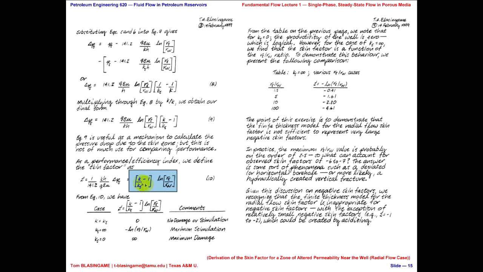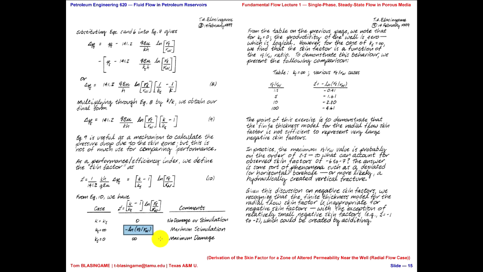So that's K divided by KS minus 1, natural log of Rs over Rw. And so if K is equal to KS, the skin factor is 0. If KS is equal to 0, the skin factor is infinity. If KS is equal to infinity, then the maximum skin factor is negative Rs over Rw. And that's a relatively small number.